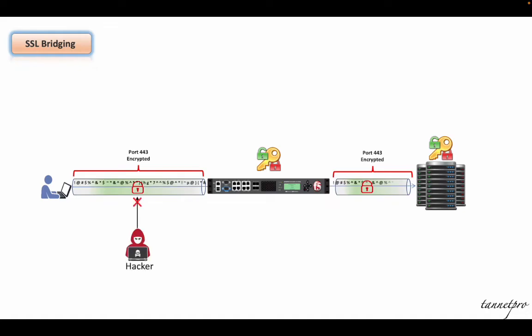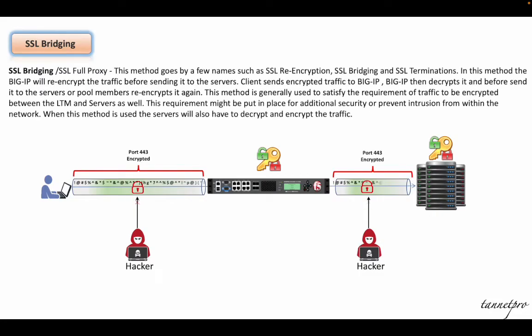In this case, if a hacker comes into the picture, you won't be able to hack anything, right? Because end-to-end is encapsulated, because your F5 is playing the role of client for the clients, and your F5 is also playing the role of server for the servers in SSL encapsulation. So in this case your server is capable enough to handle the encapsulation, de-encapsulation, and run all the algorithms, right?